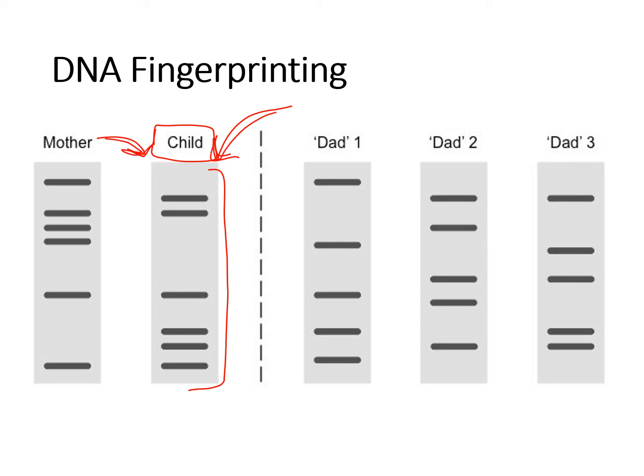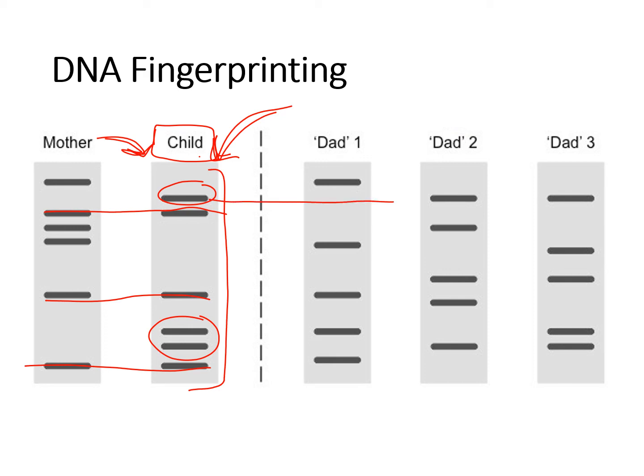In this case, comparing the child to its mother, this band matches the mother, this band matches the mother, and this band matches the mother. So the remaining bands, this band and these 2 bands, must have come from the father.